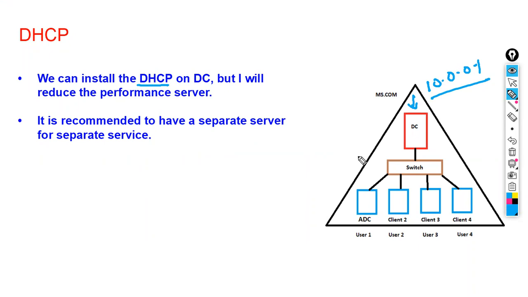If you have a separate server, you will connect it to the network, install the DHCP service on that server and configure the DHCP. But in our lab, we will install this DHCP server on 10.0.0.1, but it is not recommended in real networks. You should have a separate server for DHCP. It is recommended to have a separate server for a separate service.